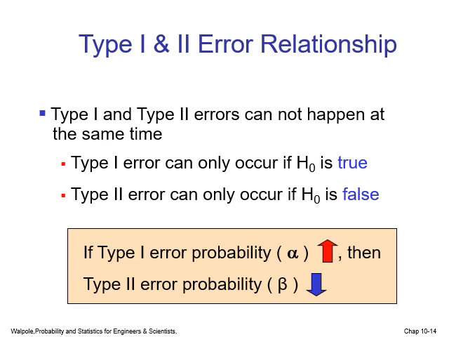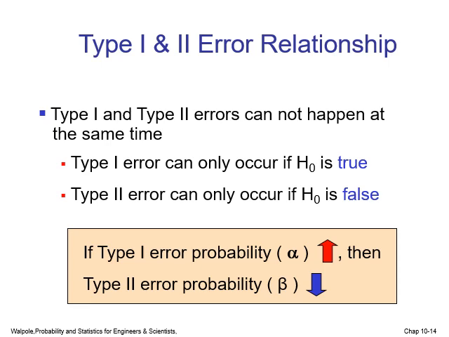The probability of committing a type 2 error, denoted by beta, is impossible to compute unless we have a specific alternative hypothesis. And there is a relationship between type 1 and type 2 error.